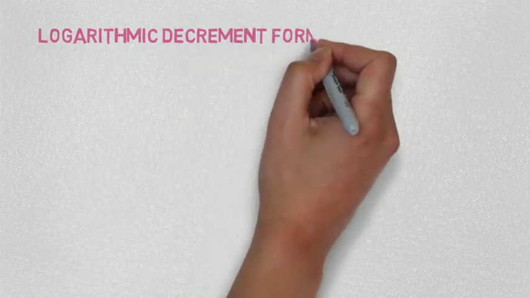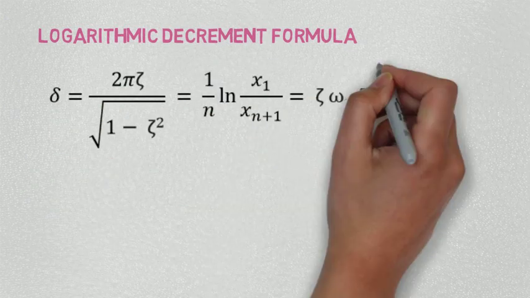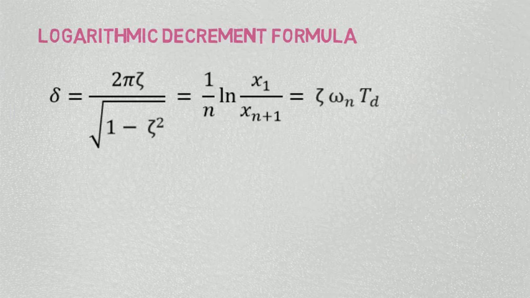As for the logarithmic decrement formula, there are 3 different formulae which are related to zeta and omega n and also Td.